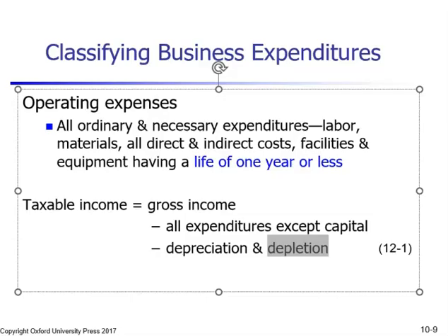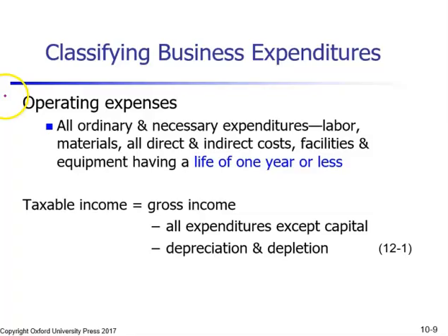You see a very rough classification of business expenditures. One is operating expenses that so far in our course we have been focused on this type of expenses. Many examples over there, and we were constantly talking about operating expenses.